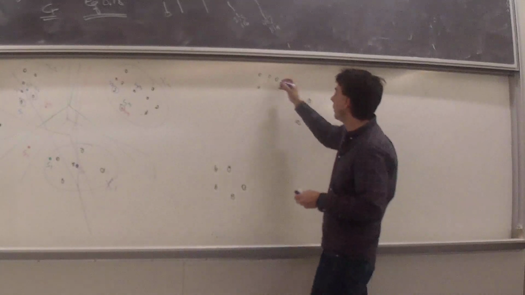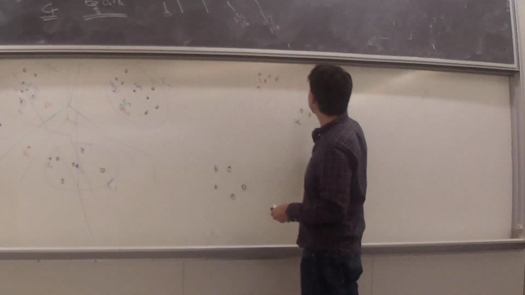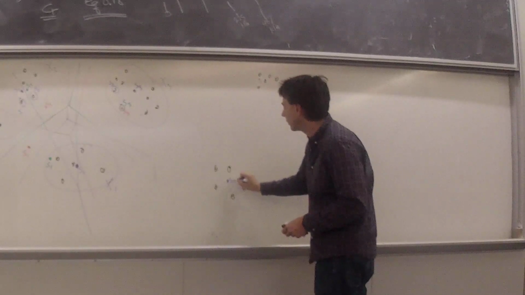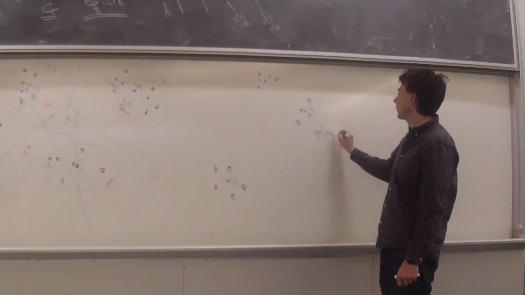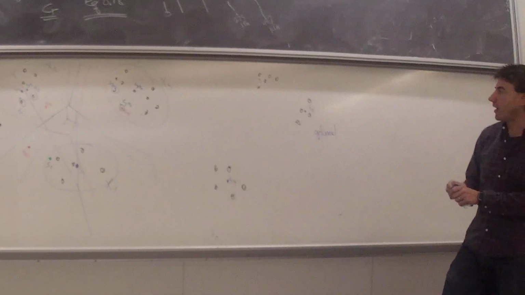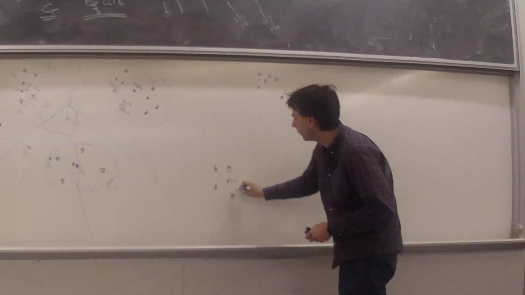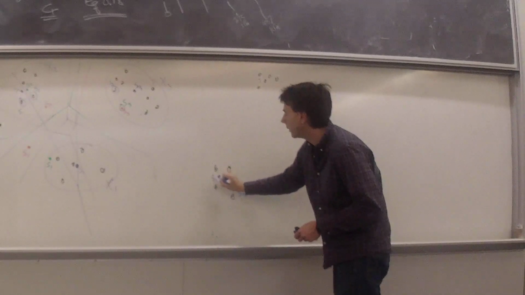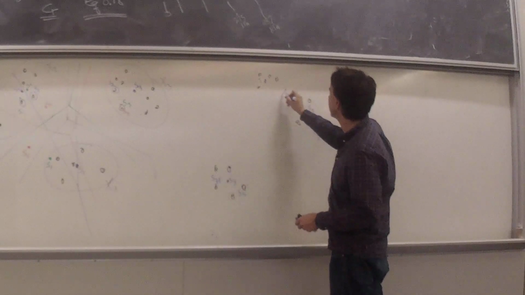The optimal is going to be S1, S2, S3. But if I get in a situation where I have S1, S2, and S3, maybe I'll make these X's in case you can't distinguish the colors.